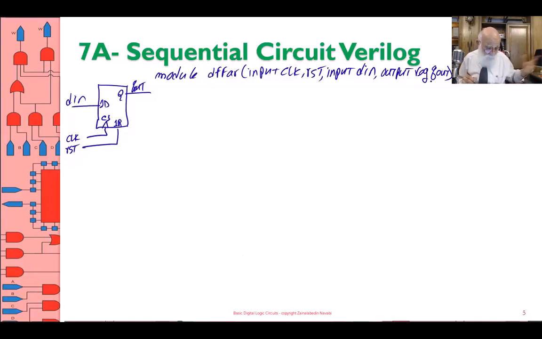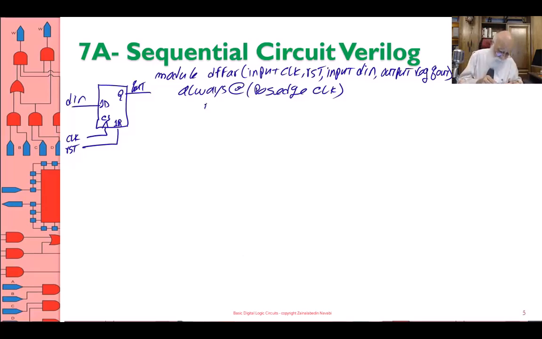And just write down an always statement, always on the posedge of clock, and that's all there is to it. You don't put the reset because reset is not asynchronous, reset does not allow flow into this always statement to begin. And then you come in and you find that your reset is active, then your Q out becomes 1'b0 or simply 0.